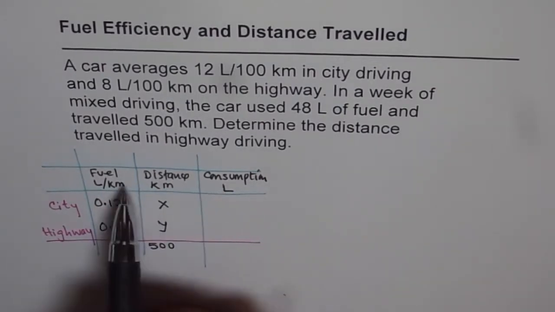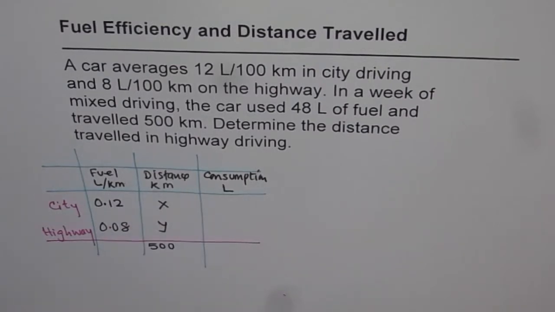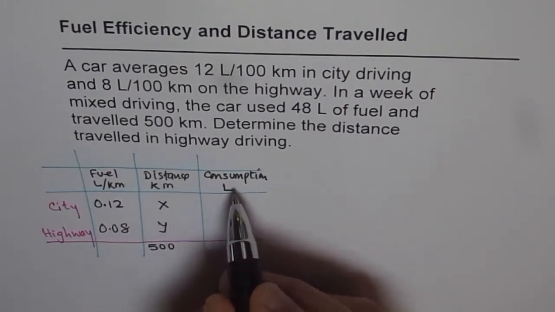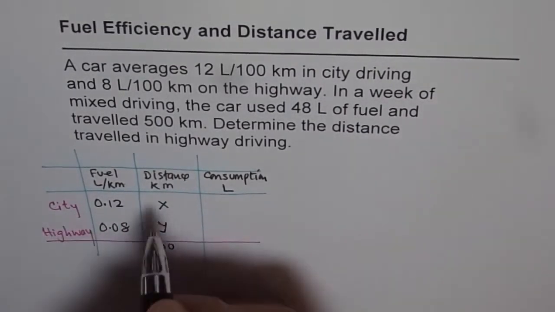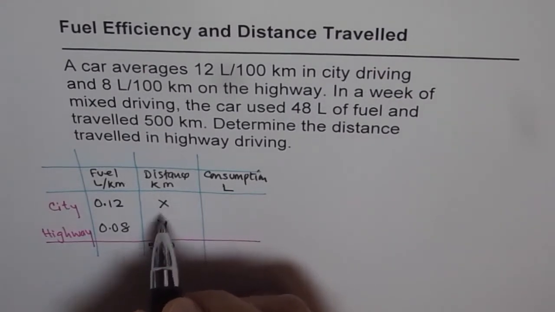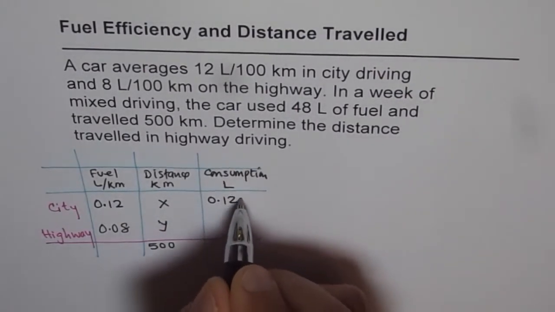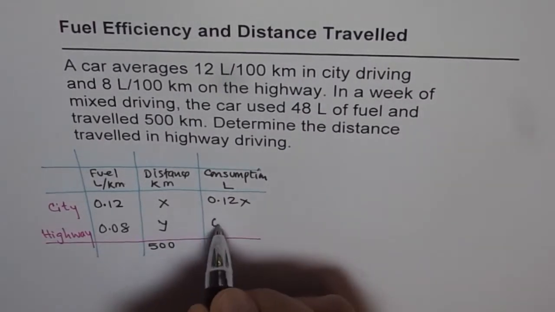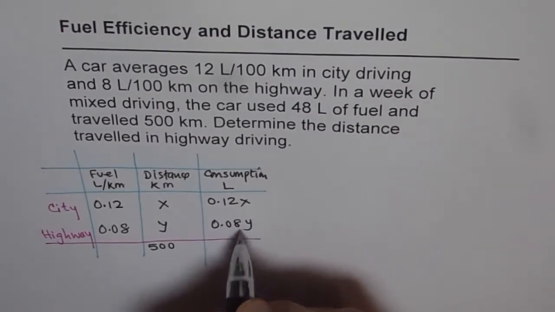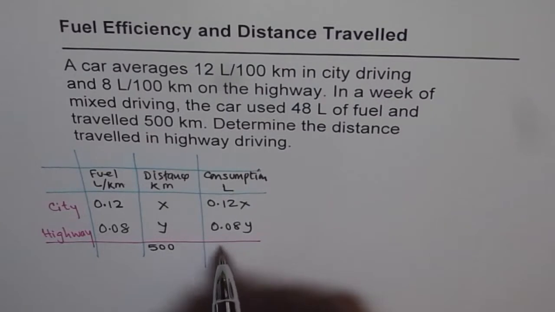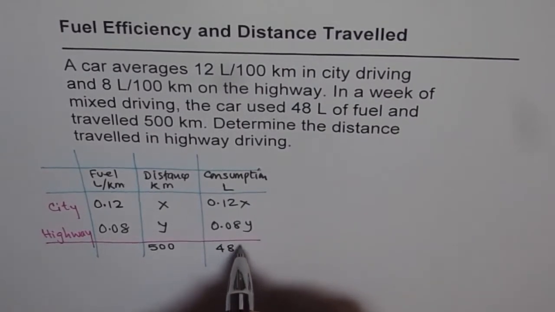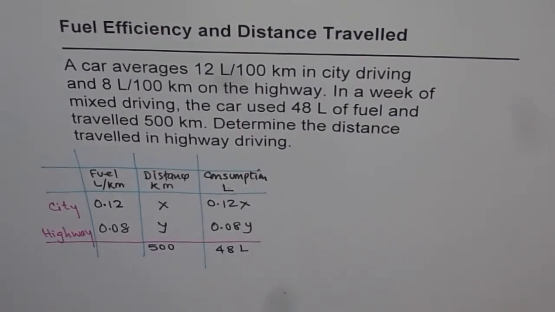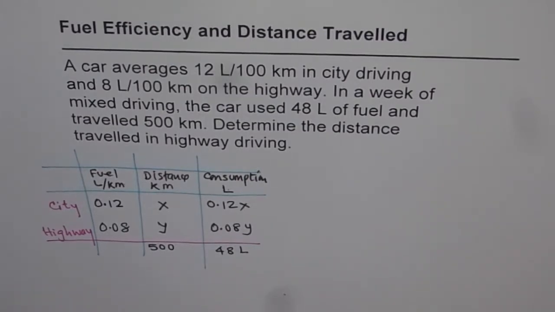To get liters, we should multiply these two. So the consumption in the city, when you travel x kilometers, should be 0.12x, and on the highway it will be 0.08y. And total consumption given to us is 48 liters. So that is how you can make a table and put all the information from the word problem. Now let us try to solve.